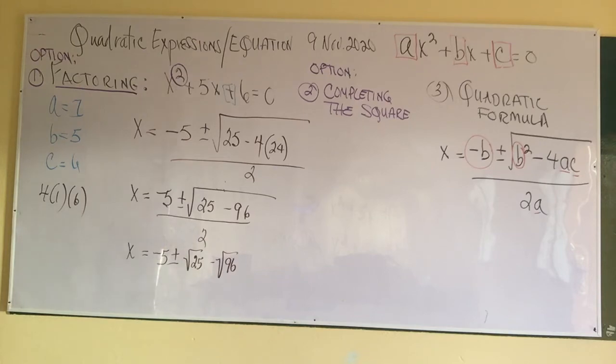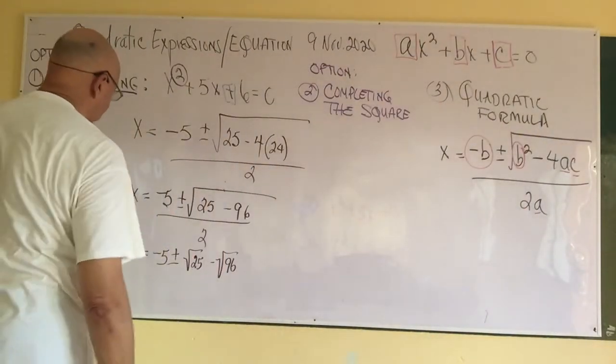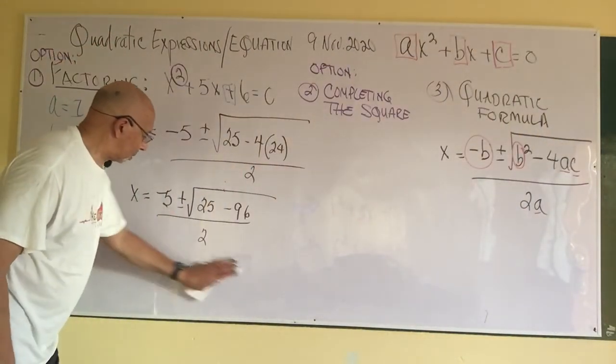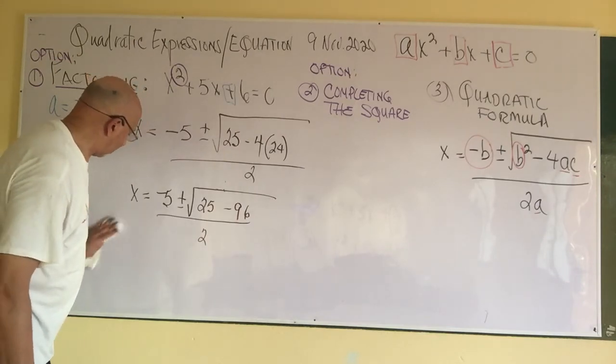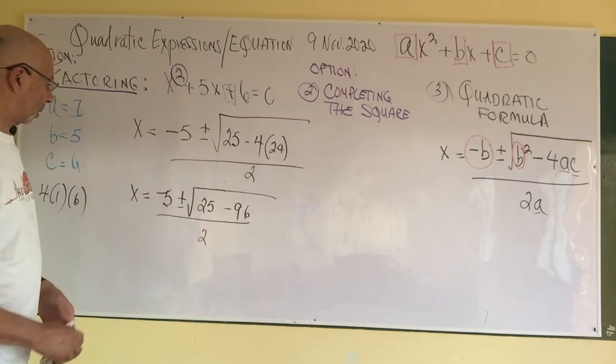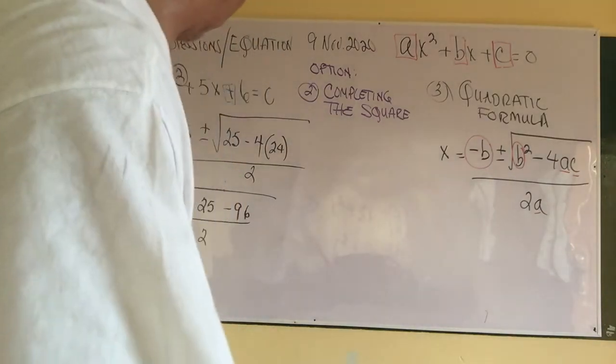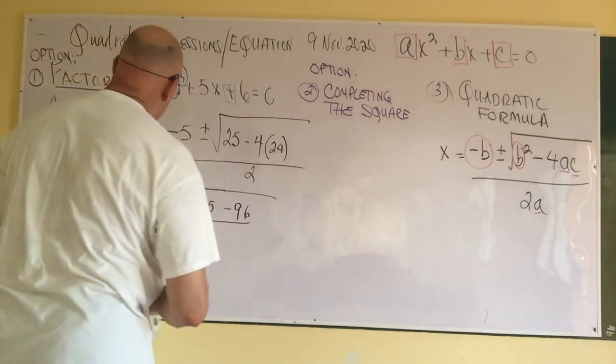Well, let me not do that because it might throw us off and get you confused too. So we will see what's going to happen here. Let me clear a little more space. So what is 25 take away 96? So let's do it and see what happens.